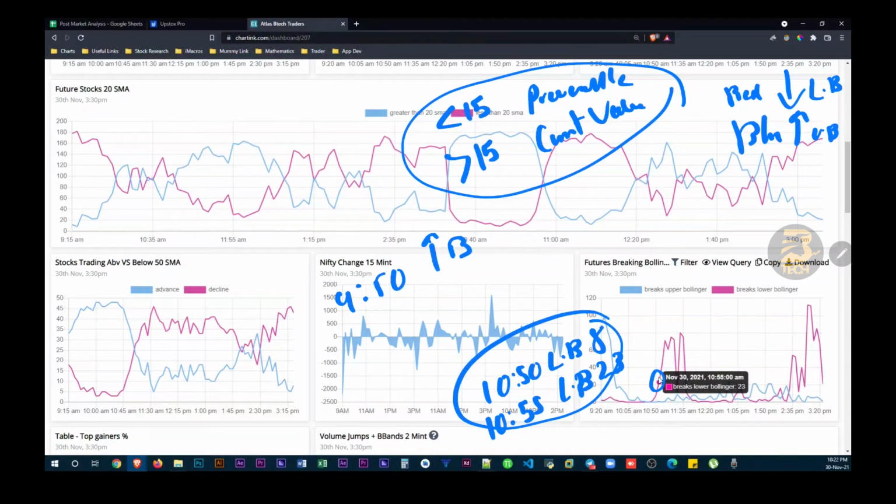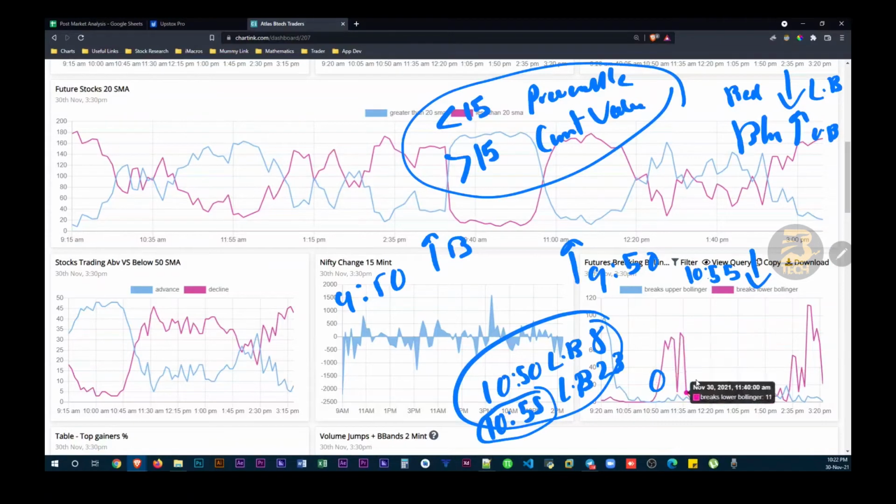At 10:55 we get a down entry, or lower Bollinger band breakout. So 10:55 is our first entry. Actually we can get into an entry here because the values are so close to 15, so we can also get a bullish entry at 9:50. Okay, so that's our first entry.